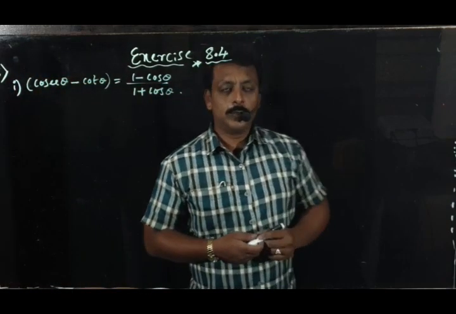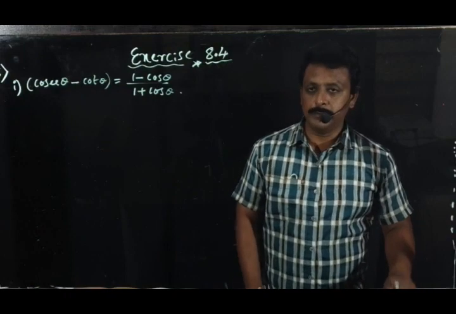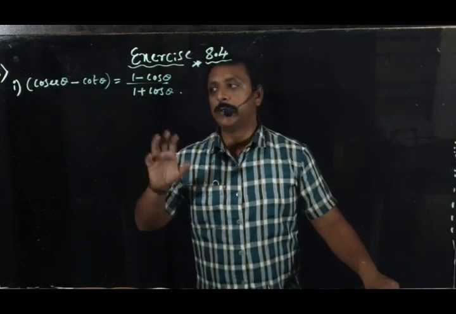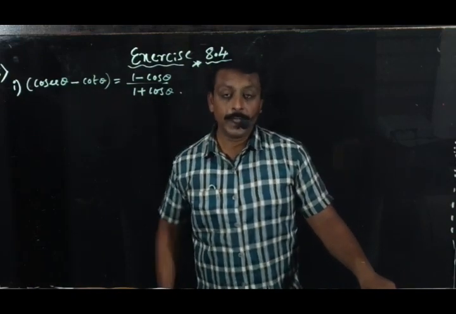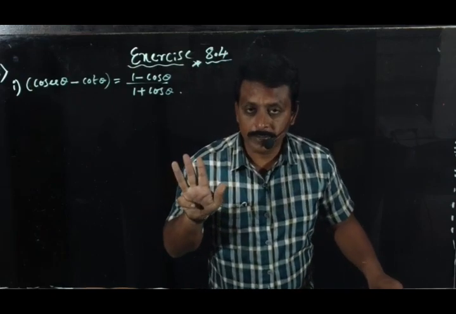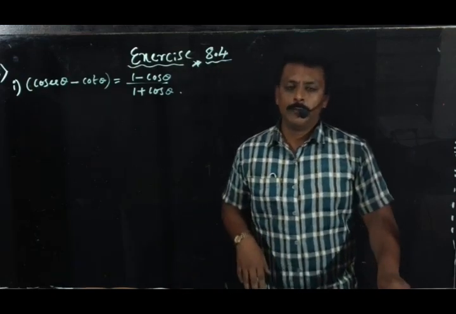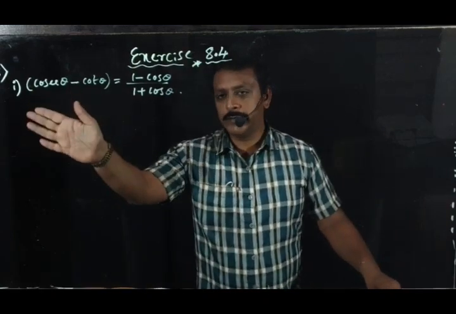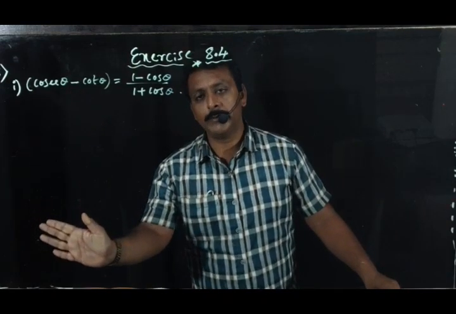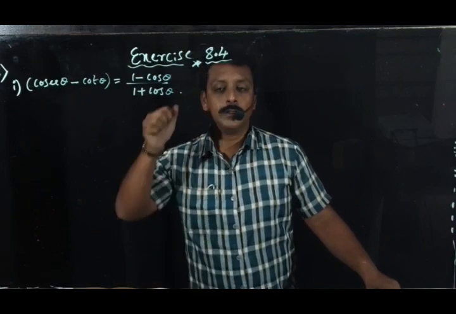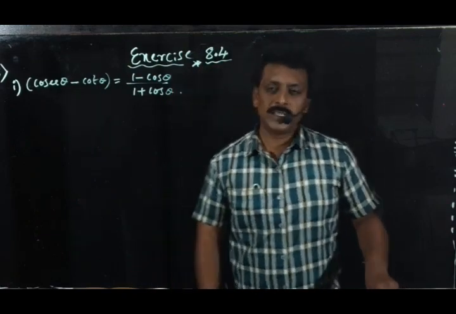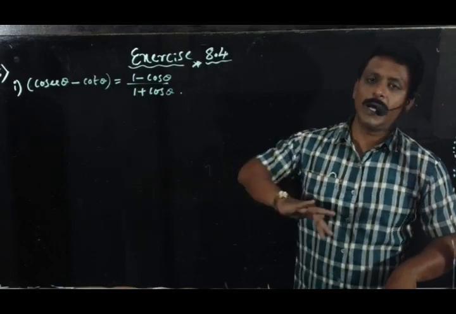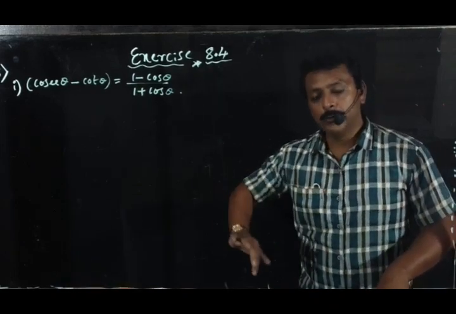Whenever you are going to prove a given sum, if they are asking you to prove that this is equal to this, there are three methods. Method number one: you can start with LHS and bring the RHS answer. Second method: you can start with RHS and prove LHS.